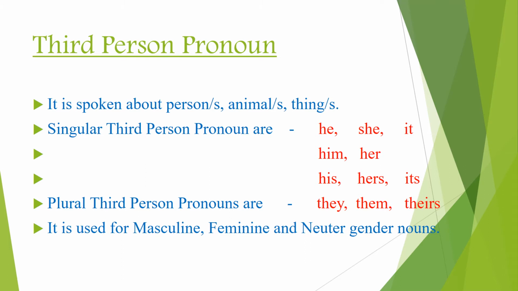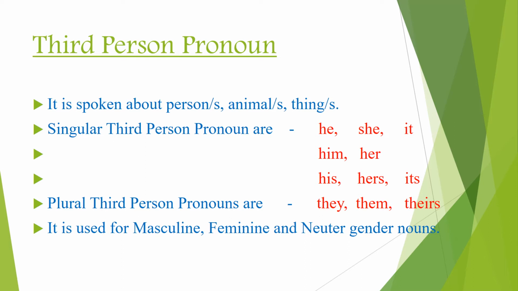Okay, so again, these third person pronouns are singular as well as plural. All right, let's see the singular third person pronouns, and they are he, she, it, him, her, his, hers, and its.